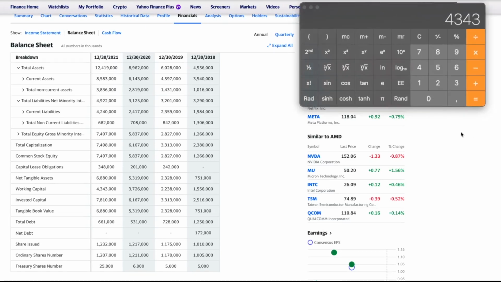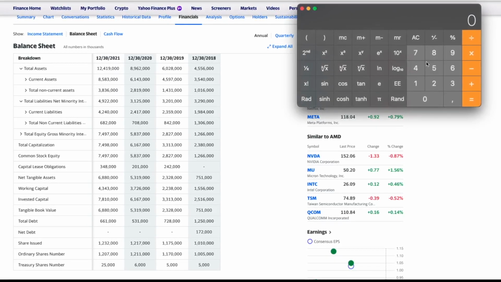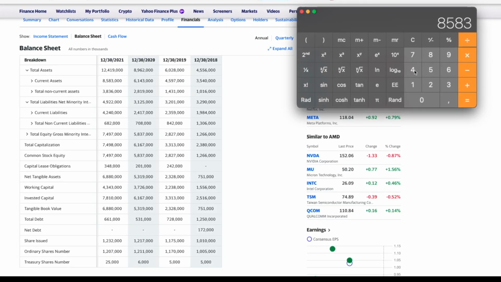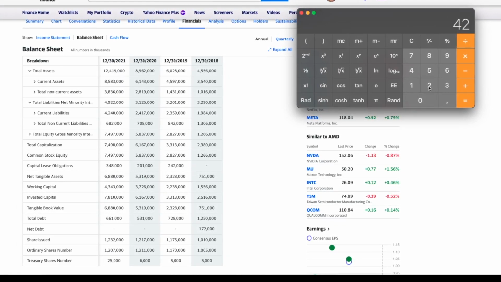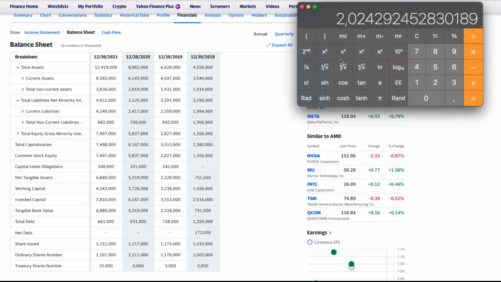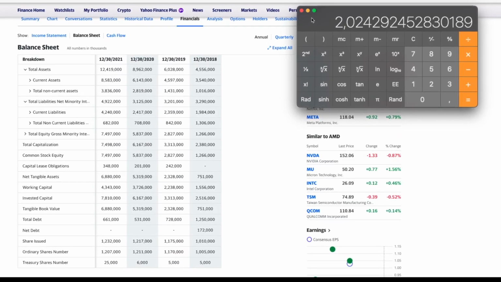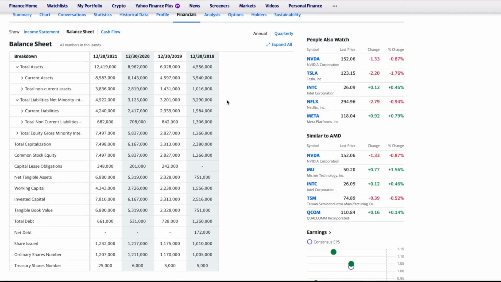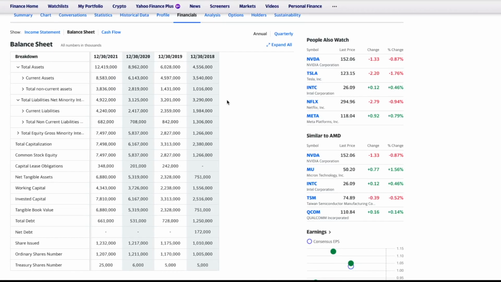If we divide those two, 8583 divided by 4240, this gives us 2. Normally you look for a company that has a value of at least 1, but 2 is better, and if it's 3, it's even better. So this means the company has enough cash that they can pay out the debt if something goes wrong, let's say in the next quarter or year.